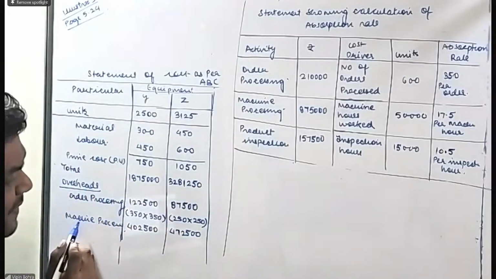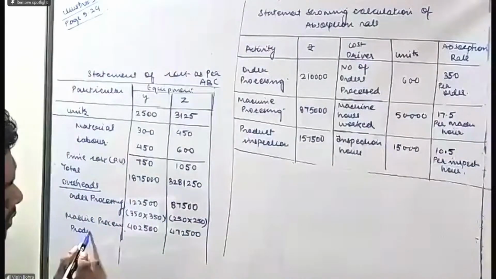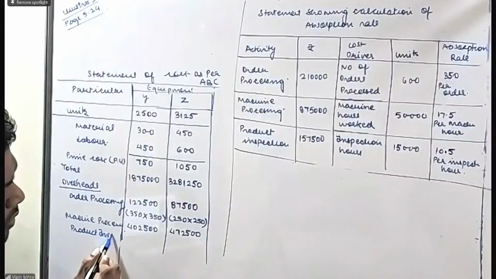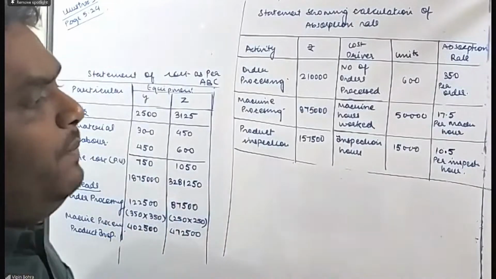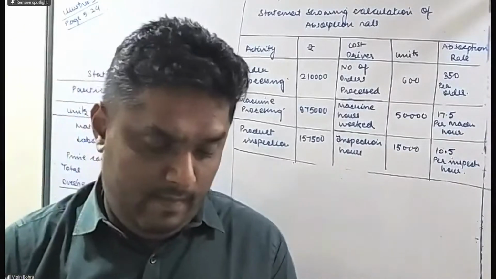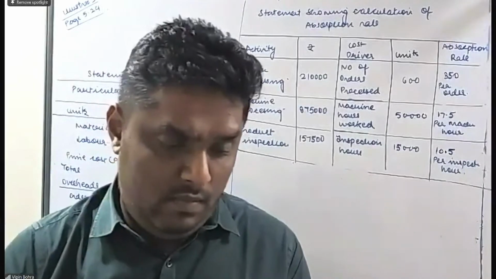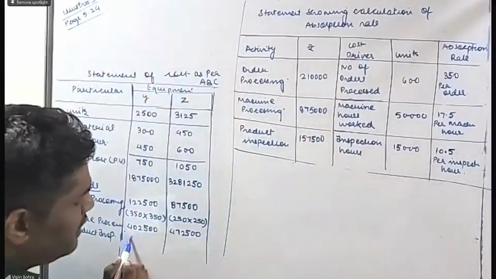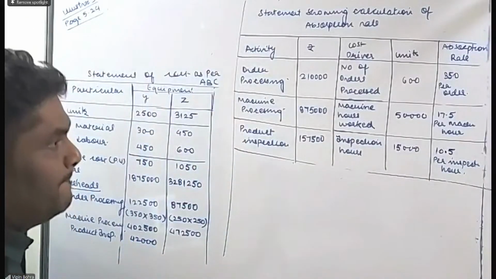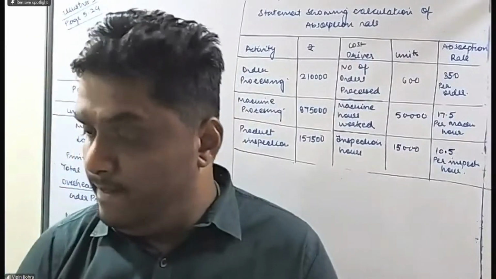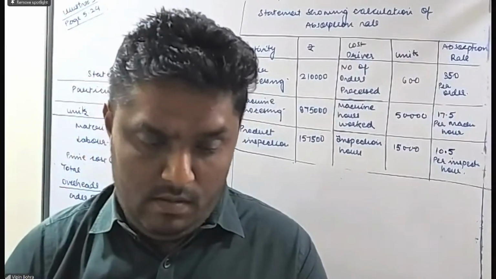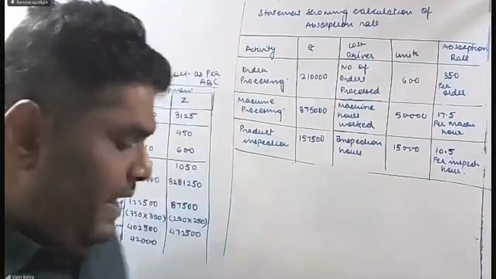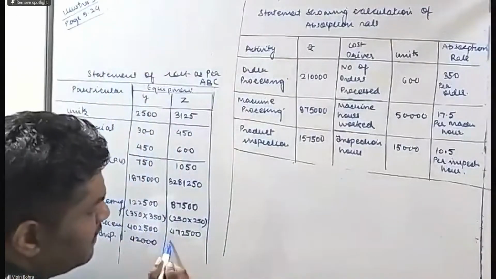Next is product inspection. It is 10.5 per hour. So this will be 42,000. And this will be 1,15,500.